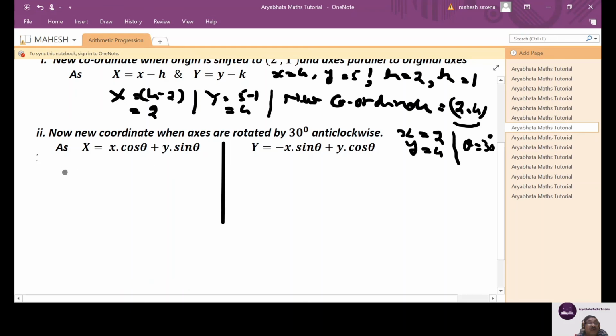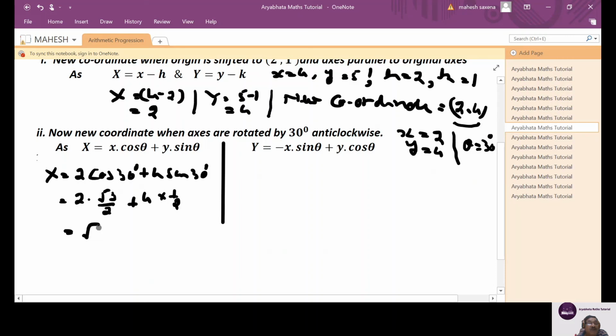Therefore, capital X is equal to 2 cos 30 degrees plus 4 sin 30 degrees, which is 2 times root 3 by 2 plus 4 times 1 by 2. Therefore, this 2 will cancel. It will be root 3 plus 2.